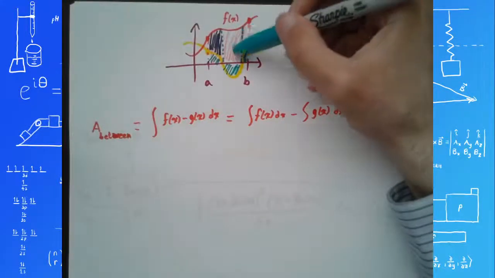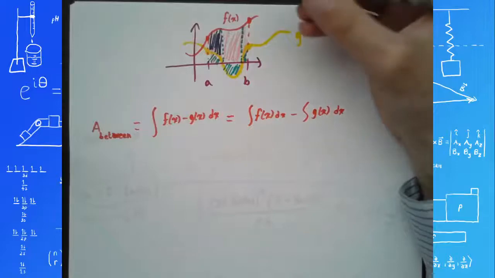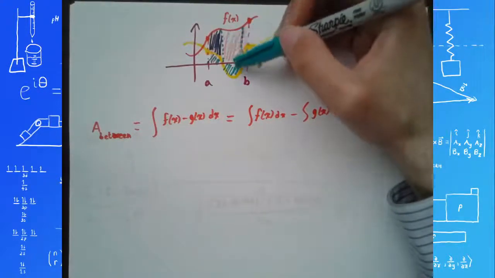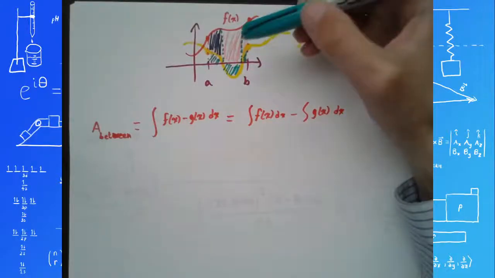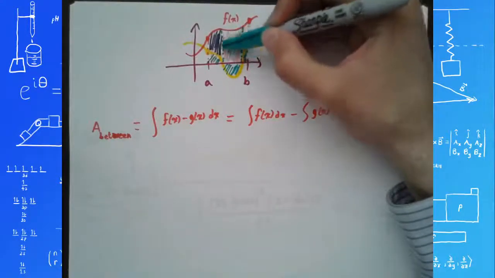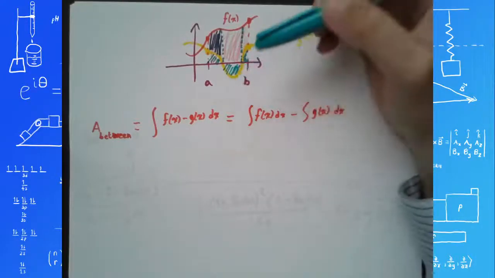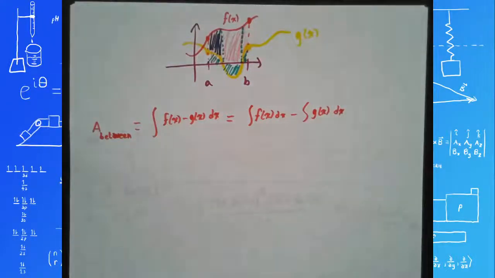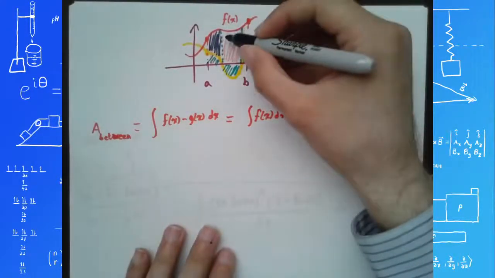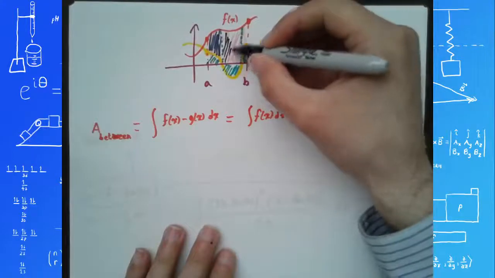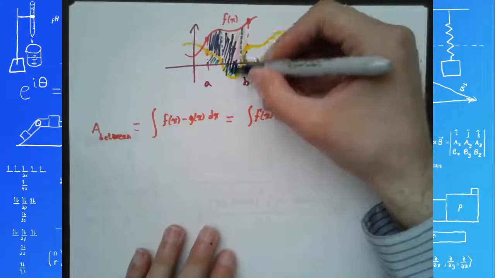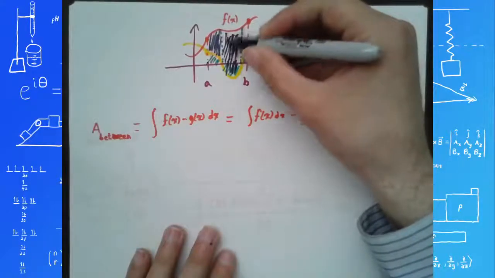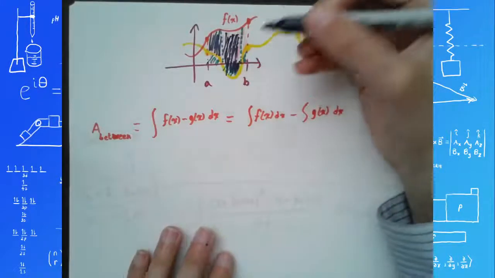Okay, what about this second region? In this second region, it's not a positive area minus another overlapping positive area. In this case, there is no overlap. In this case, it's positive area minus negative area. So these add up. If I add the pink area and the green area, I still get an area that's between the yellow curve and the orange curve, an area between f of x and g of x.